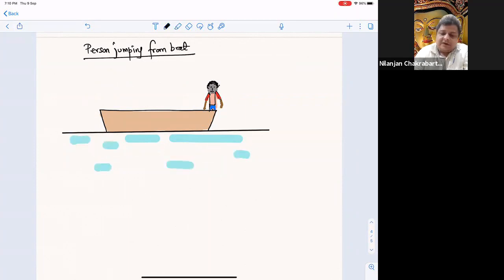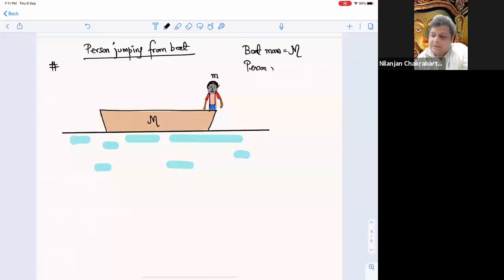Jumping from the boat, see, I'll explain it by a problem only. The boat has mass capital M, person has mass small m. Initially the system was at rest.